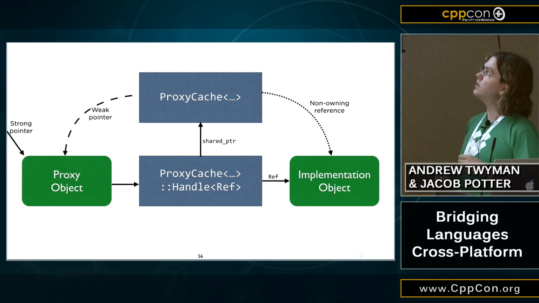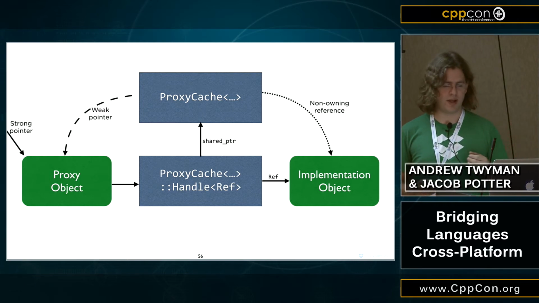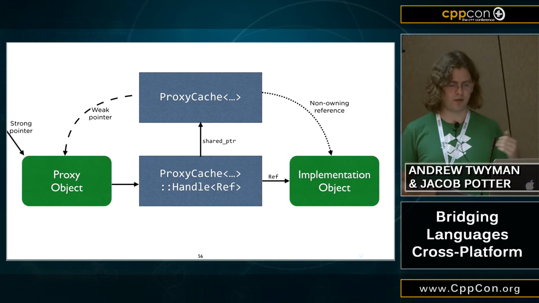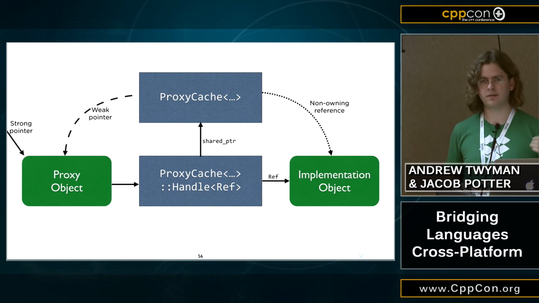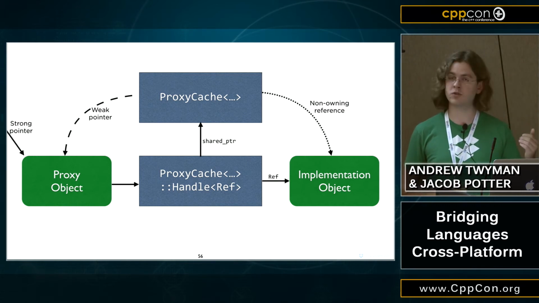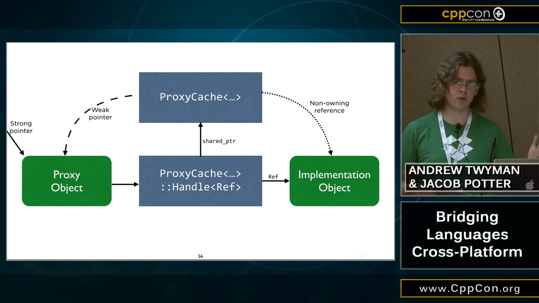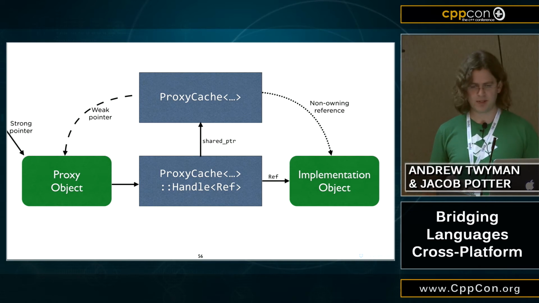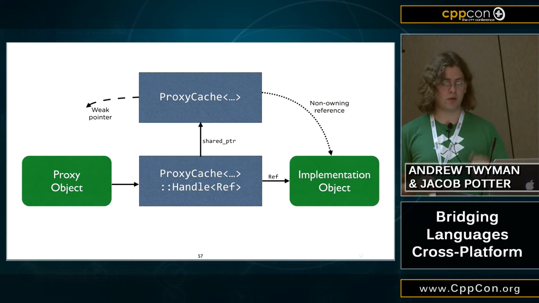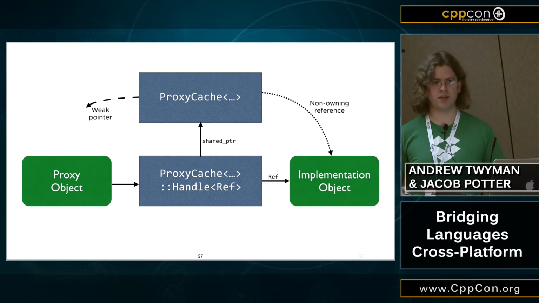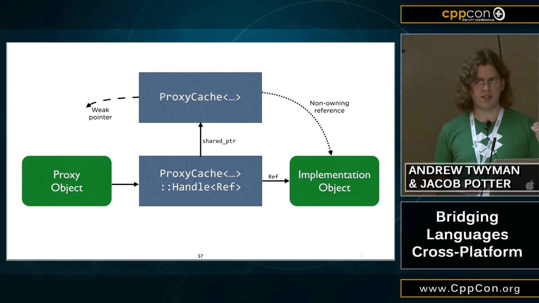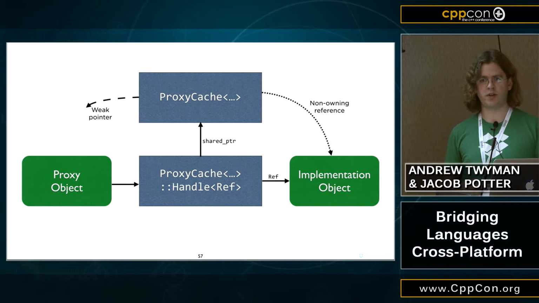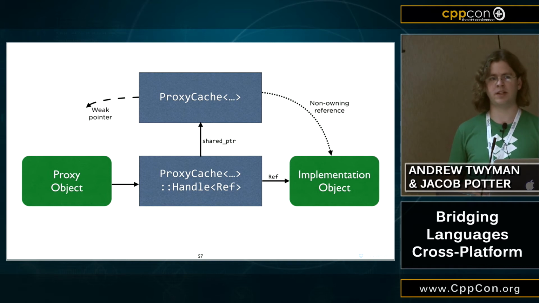So I'm going to go through what happens when the proxy doesn't have anything referring to it anymore. First it has only a strong pointer, or it has one or more strong pointers owning it. Then the strong pointer goes away, so the proxy object is still there. We're about to start calling its destructor. The very first thing that happens is atomically any weak pointer that's referring to that proxy object is now dangling.